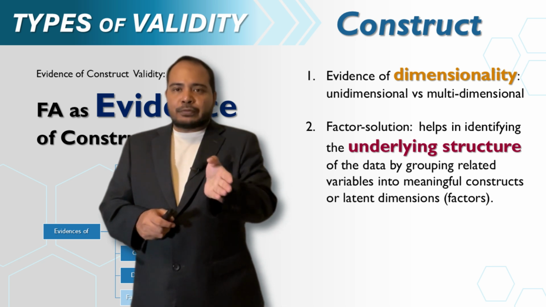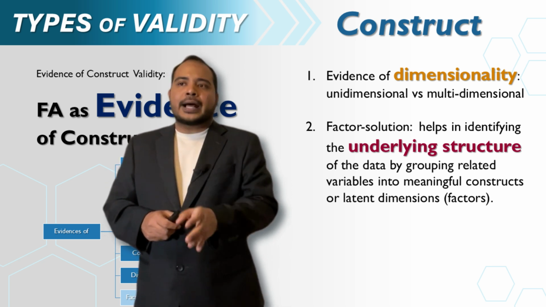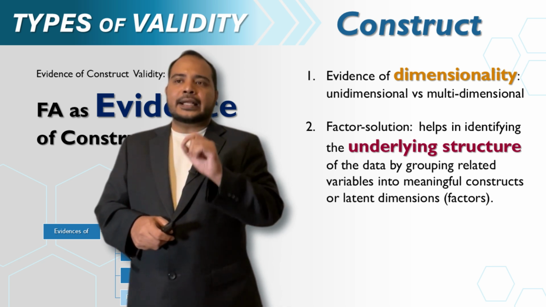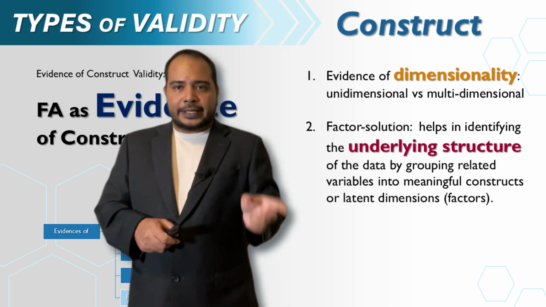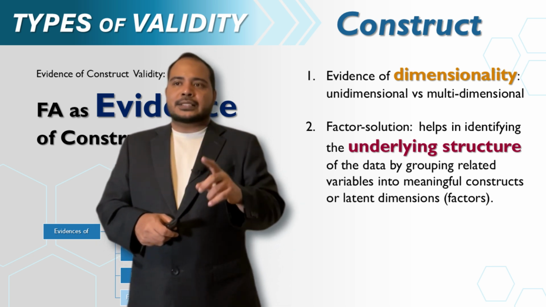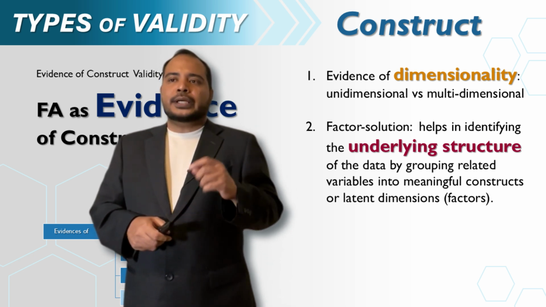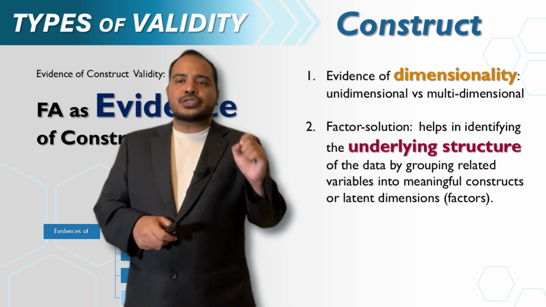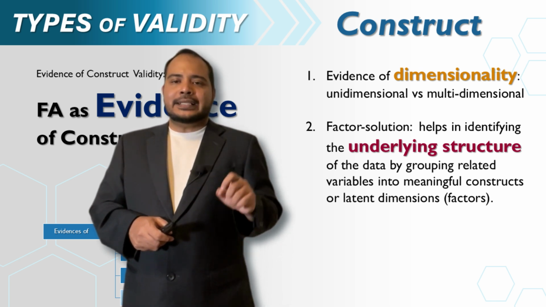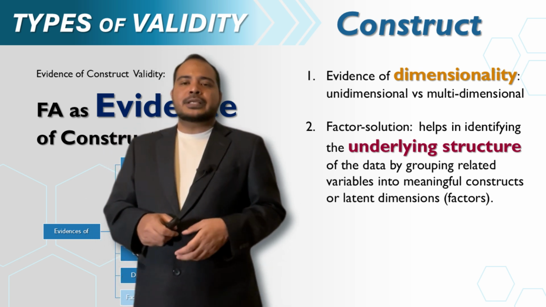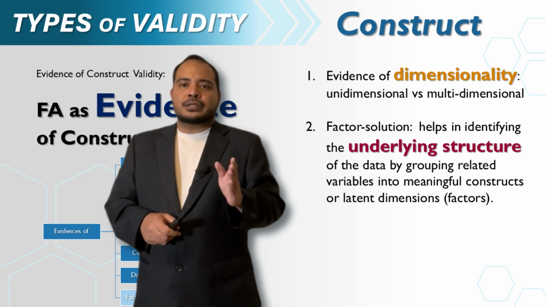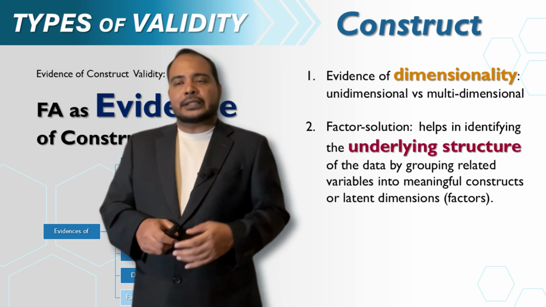The factor solution helps us identify the underlying structure of the data by grouping related variables into meaningful constructs or latent dimensions. These latent dimensions or components are what we call factors in factor analysis.